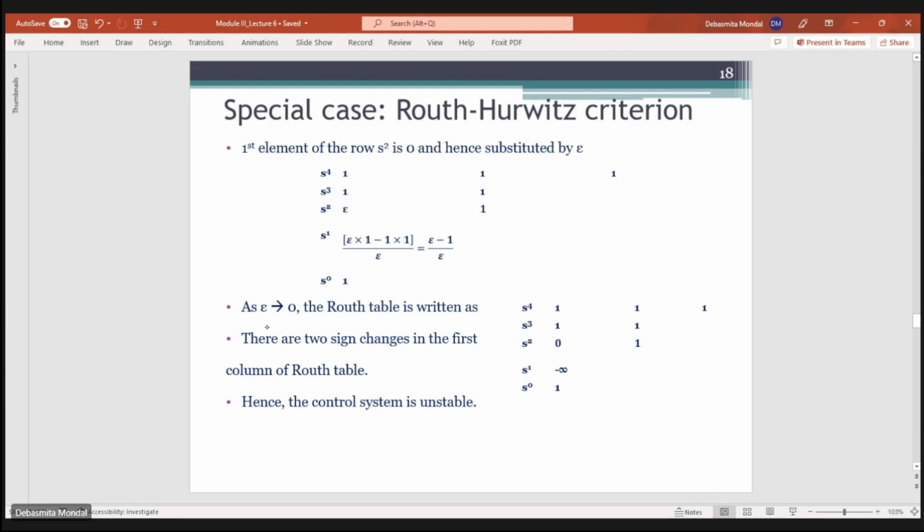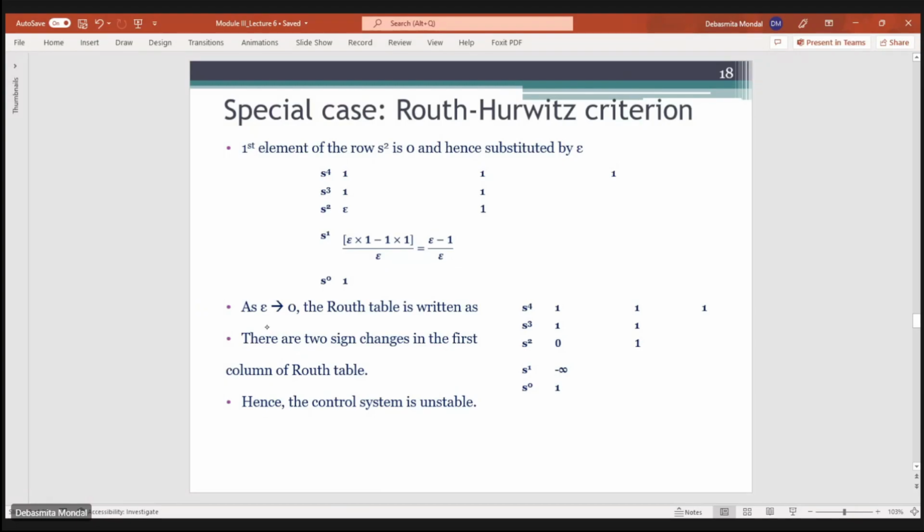Now you observe the value of this array when epsilon is tending to 0. For epsilon tends to 0, you have 1 over here. Since epsilon is tending to 0, this will become a minus infinity value, and then the last value is equal to 1.